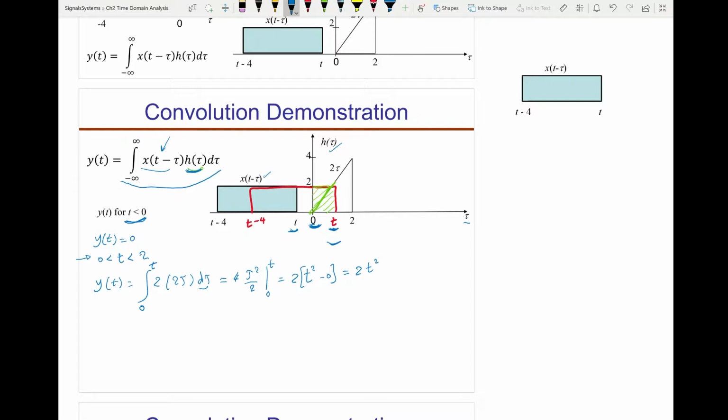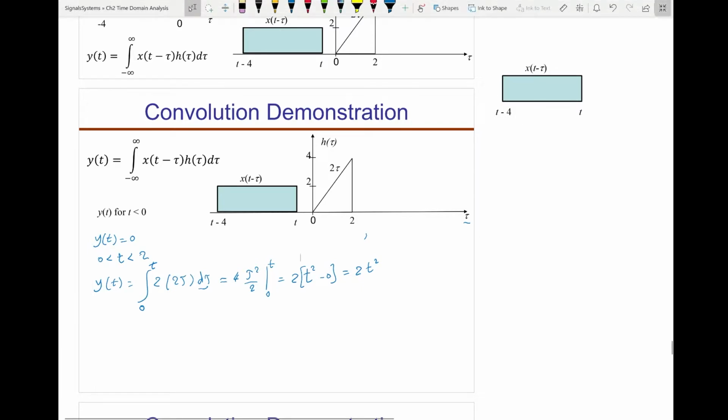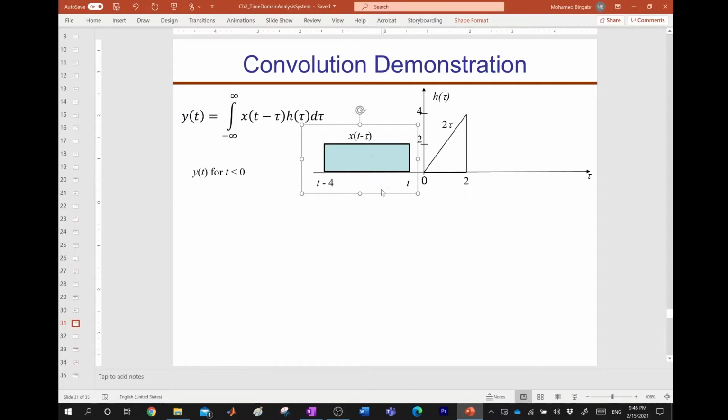Okay, now what happens if t is larger than 2? So let's clean it up and see what happens. It will be much clearer if we do it in Microsoft PowerPoint. So we said in this case, as long as t is between 0 and 2, there is partial overlap.